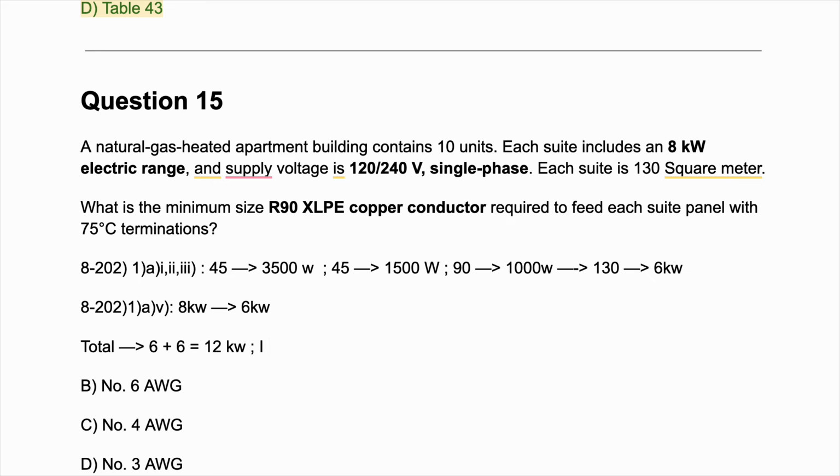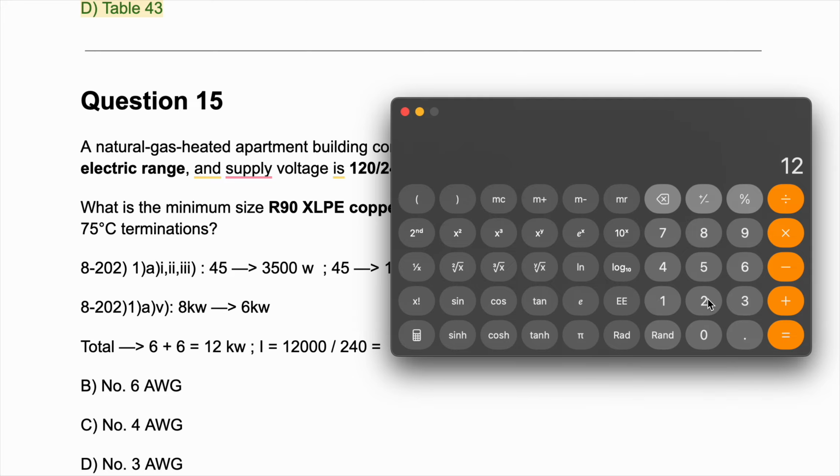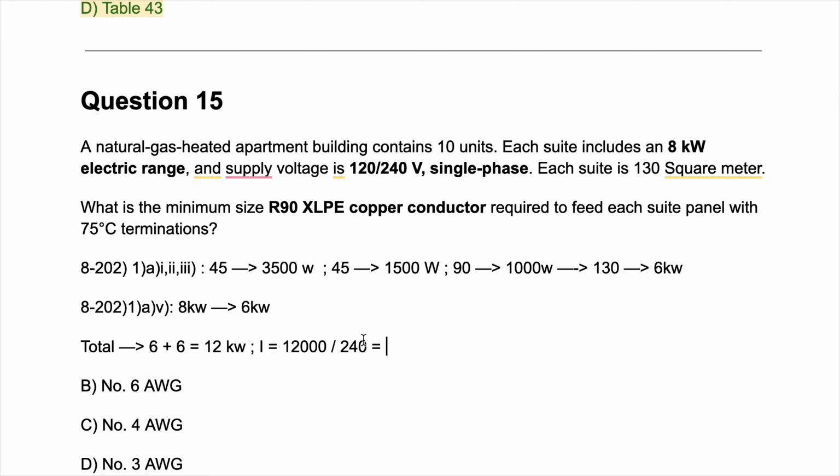I for each unit is 12 kilowatt divided by 240 volts, and it's equal to 50 amps. But it's not the correct answer. It's not good, 50 amps.